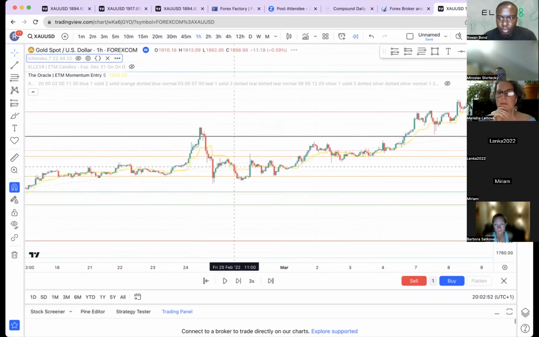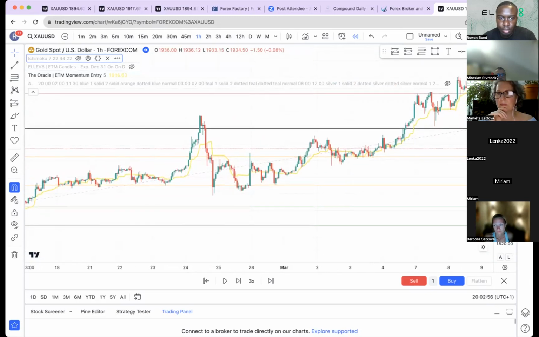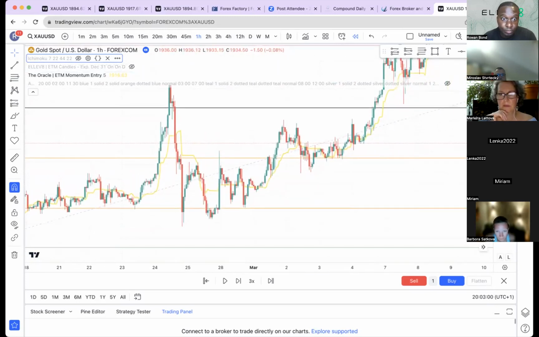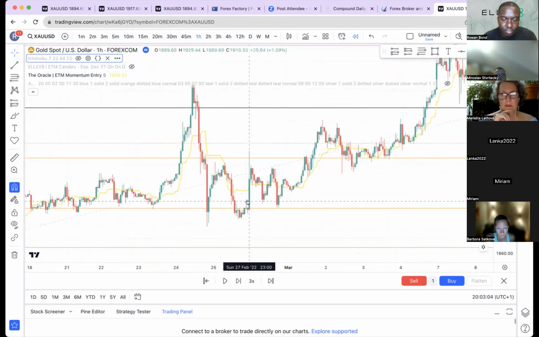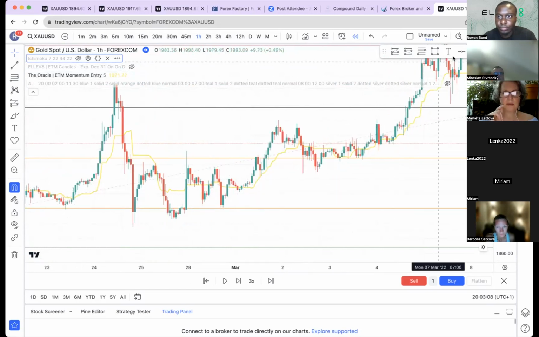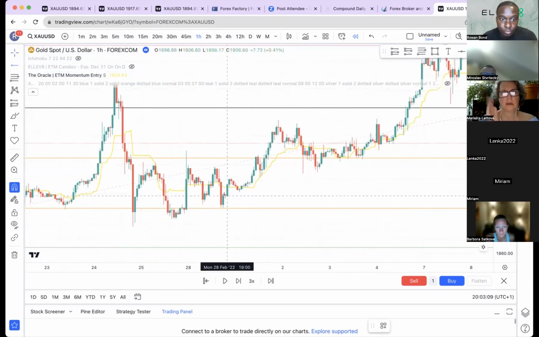We go here and looks like we found the culprit, this here. This 1-hour rally-base-rally in the golden zone. So we have a signal here.